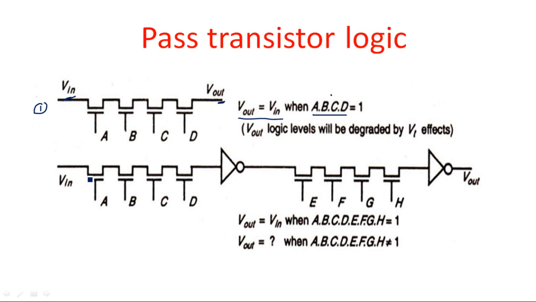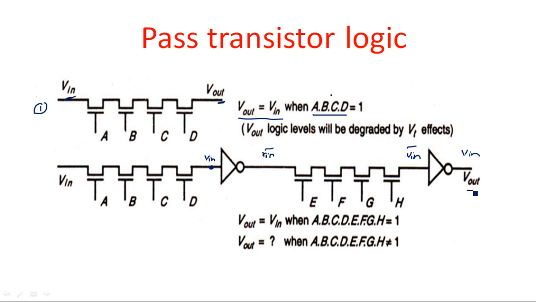In a similar way, the same is extended with an inverter. Up to here, when all of A, B, C, D are equal to 1, we get V in here, and this will be complemented after passing through this inverter to V in bar. Again when the control inputs E, F, G, H are equal to 1, this V in bar will reach here and come out again as V in.